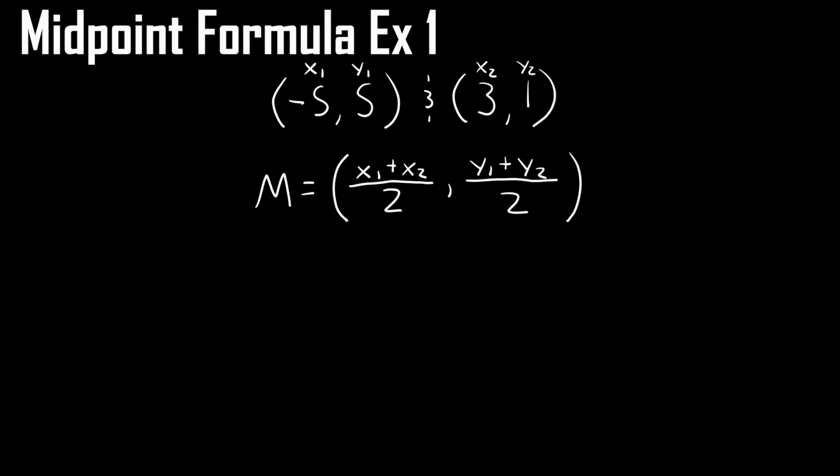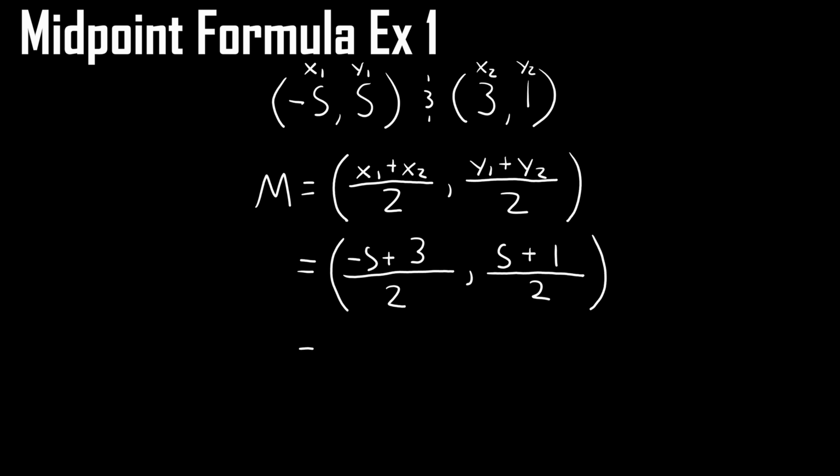So let's plug them in. So our point will be x1, which is -5, plus x2, which is 3, all over 2. Then our y point will be y1, which is 5, plus y2, which is 1, all over 2.